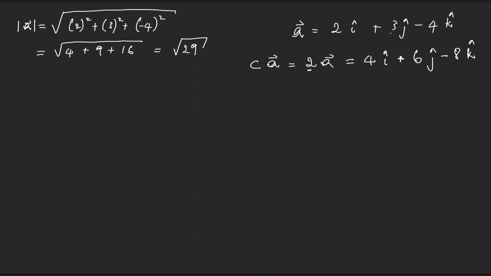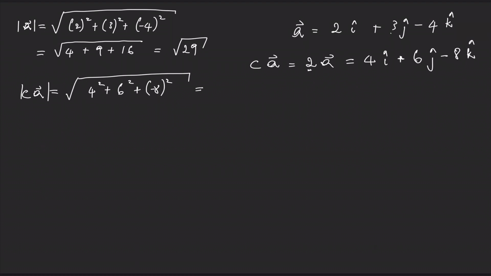Now let's do the same for the vector that has been multiplied by 2. The same vector A, which now has been multiplied by 2. So the magnitude of c A bar is going to be equal to the square root of 4 squared plus 6 squared plus negative 8 squared.